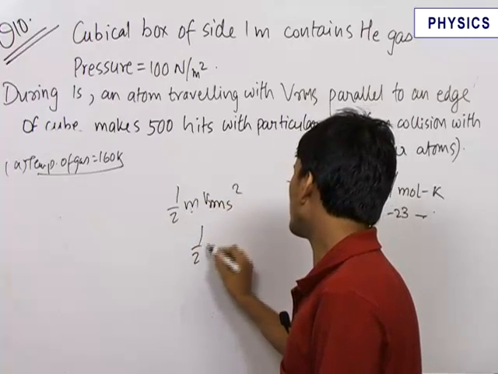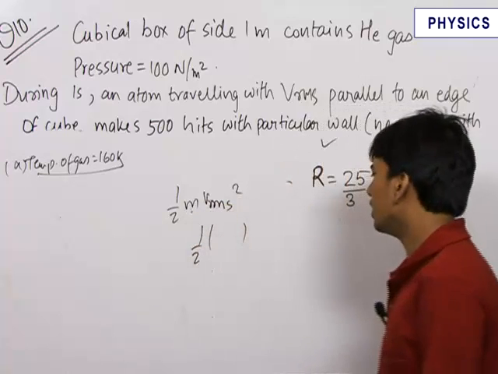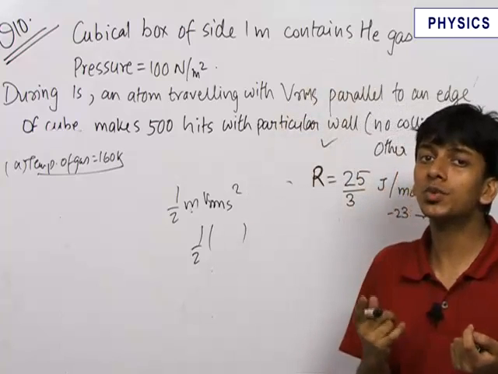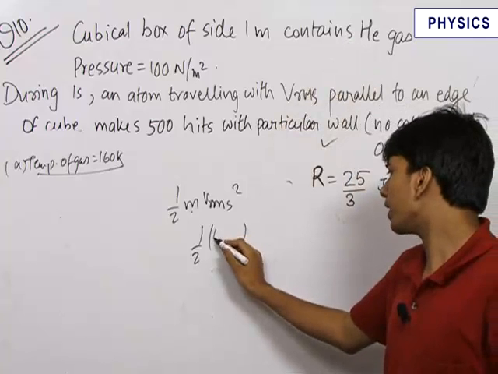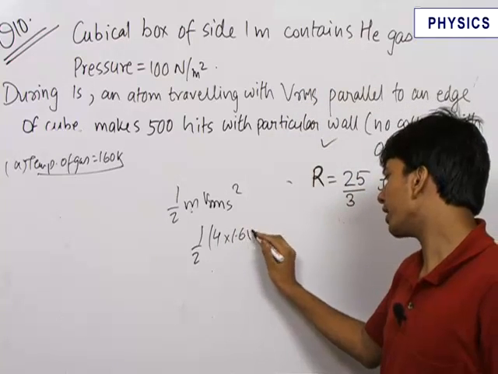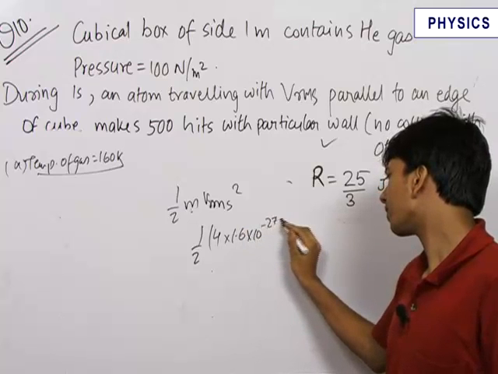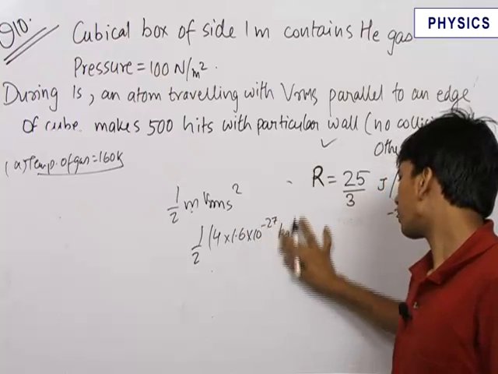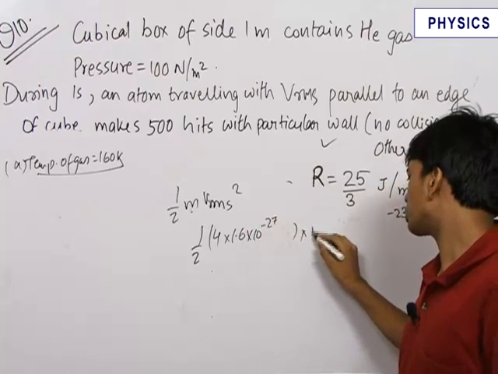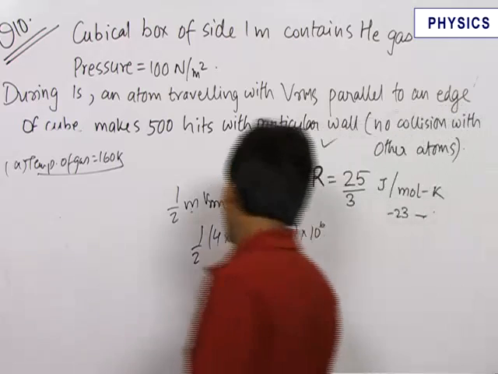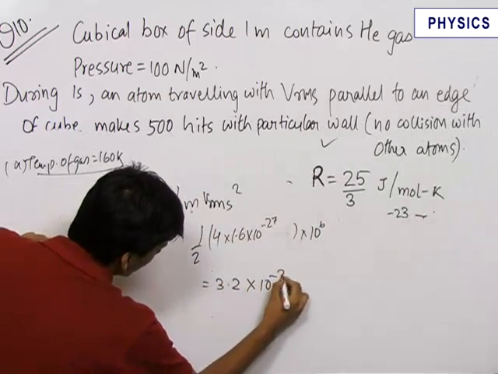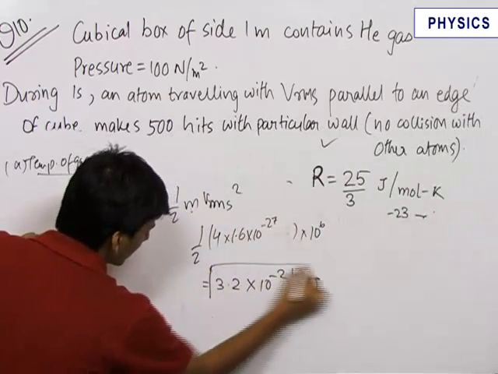The mass of one atom of helium is equal to 4 AMU, and the mass of 1 mole of atoms is equal to 4 grams. 1 AMU is equal to 1.6 into 10 raised to minus 27 kgs. This is multiplied by VRMS square, that is 10 raised to 6. So the answer comes out to be 3.2 into 10 raised to minus 21 joules.